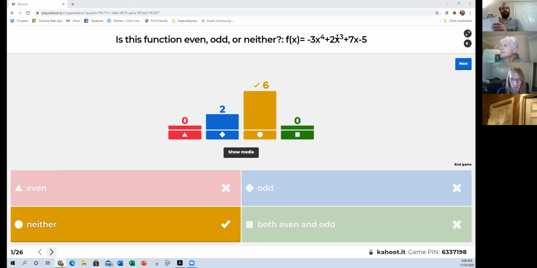There's a 4, there's an exponent of 3, this is an implied 1, and this would be x to the 0. So it's got both even and odd exponents, so it would be neither.